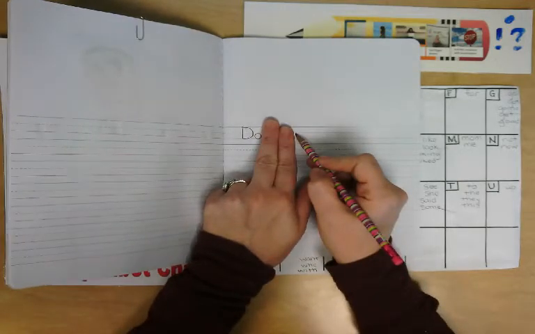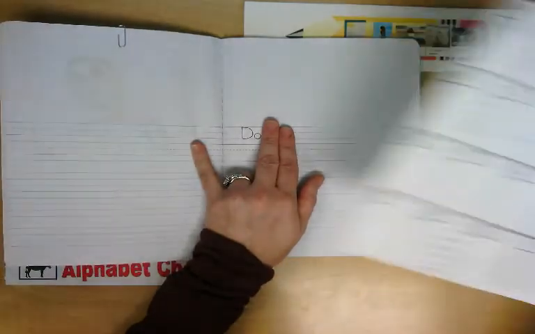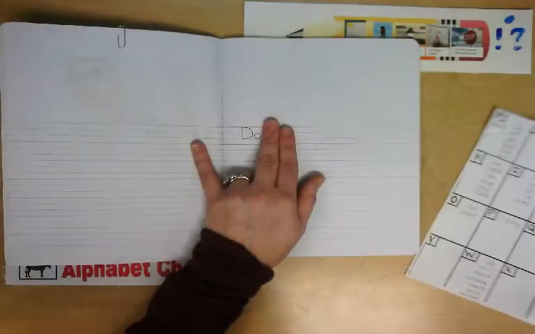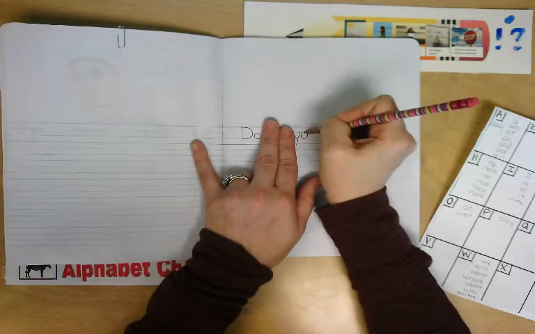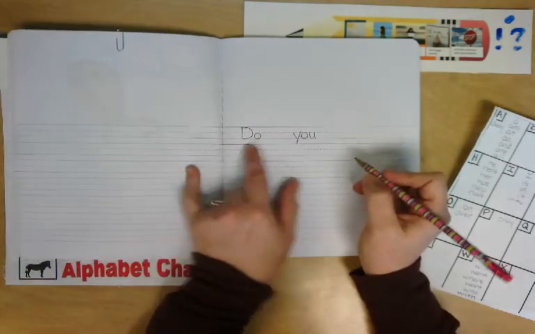Do you. Think about the word you. If you don't remember how to spell it, look right here at the word wall. You starts with the letter Y. Do you see it? How do you spell it? Y-O-U. That is what we're going to write. Y-O-U. Good. So we have do you.